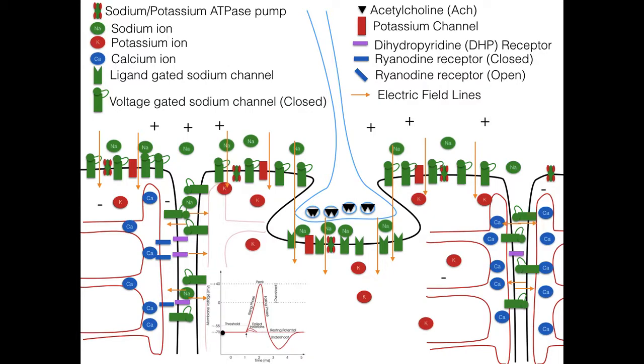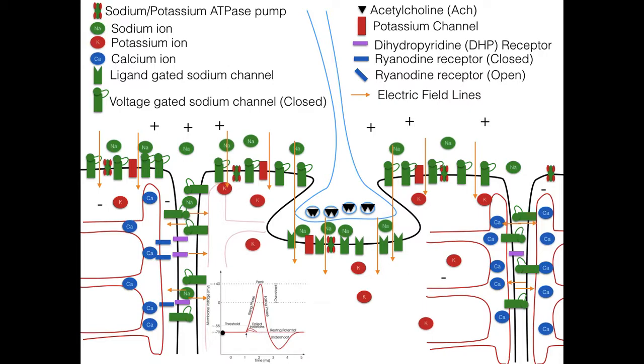So we're going to put in those electric field lines. You can see here these electric field lines are pointed inside the cell, and they have a strength of 70. Now, if you look down here, it says -55, and that says threshold. That is where the voltage-gated ion channels will open.